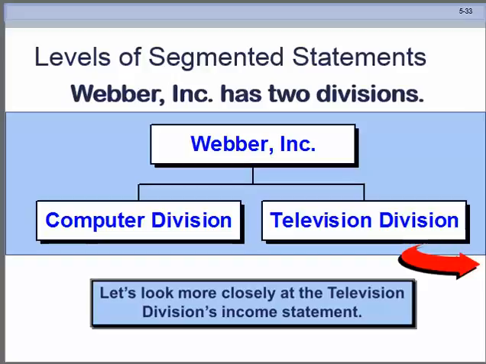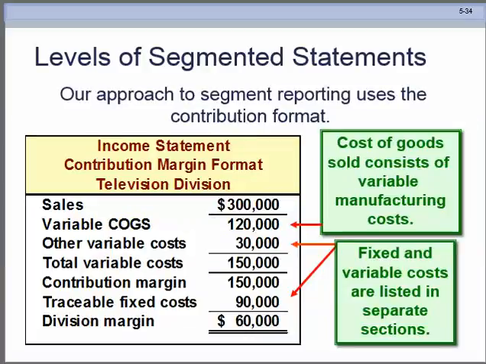So here we go. We've got two divisions for Weber Incorporated, computers and television. And so for the television, we get to look at our variable COGS, which is cost of goods sold, okay? And other variable costs, and it gives us a contribution margin and traceable fixed costs, which leads us to the division margin.